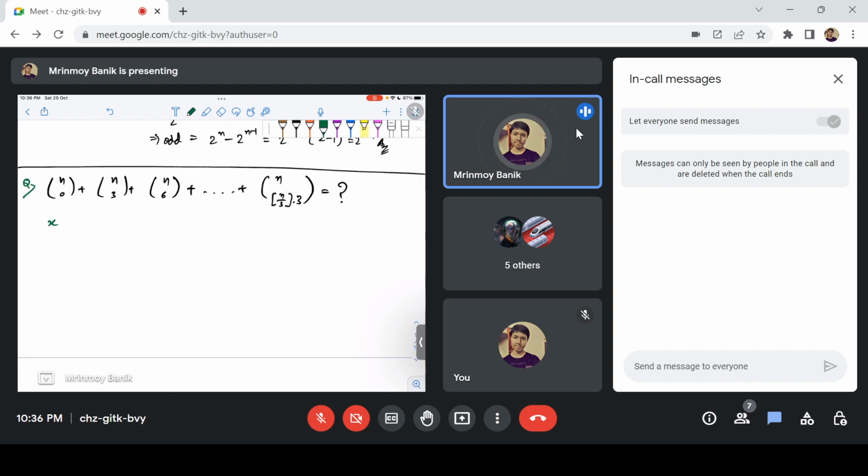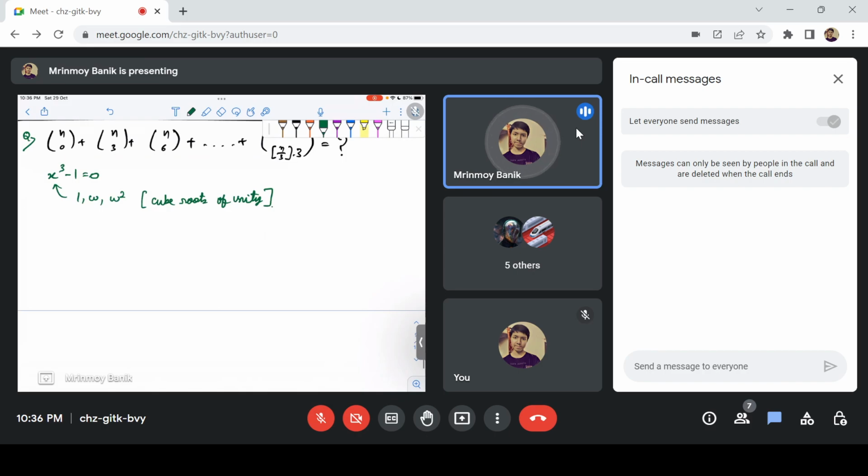So this equation, x cubed minus 1 equals 0. Solutions of this equation are 1, omega and omega squared. These are called cube roots of unity. You may or may not be familiar with complex numbers.